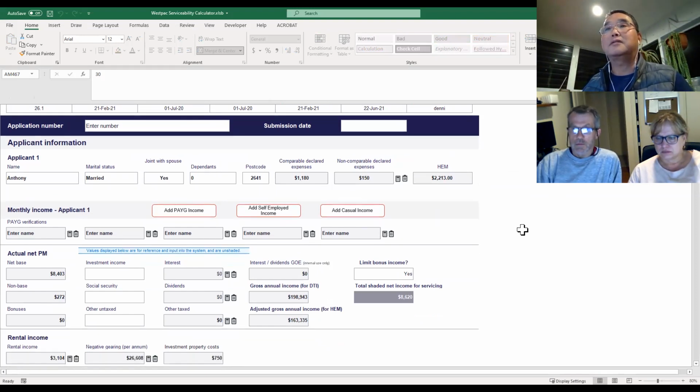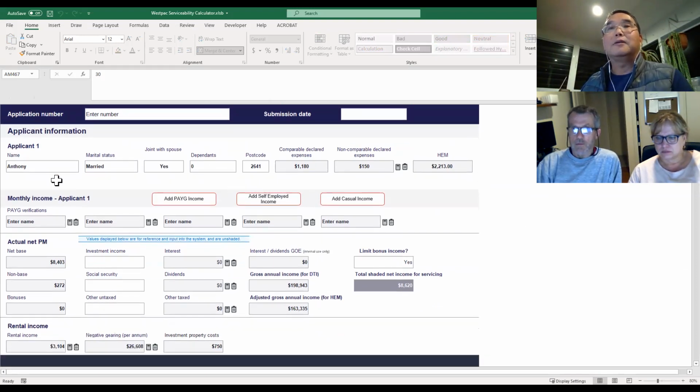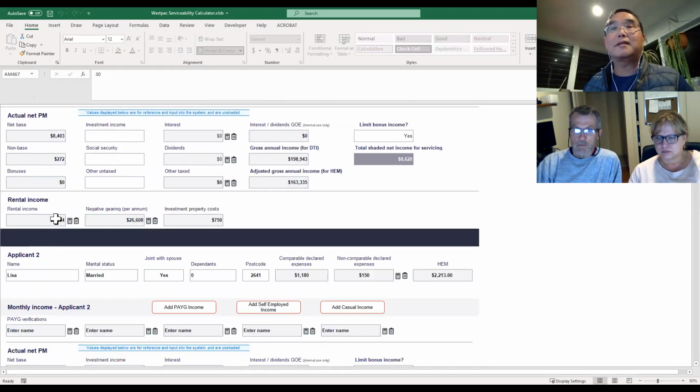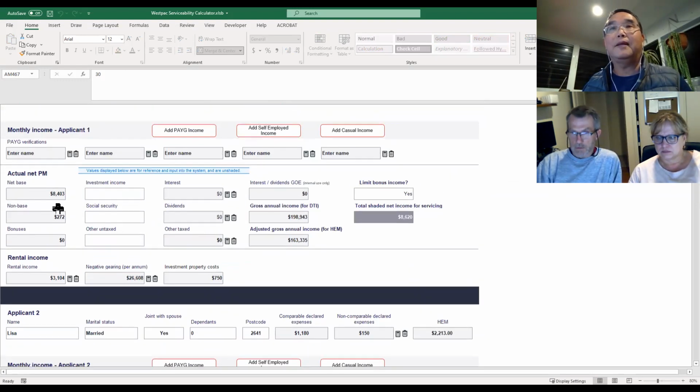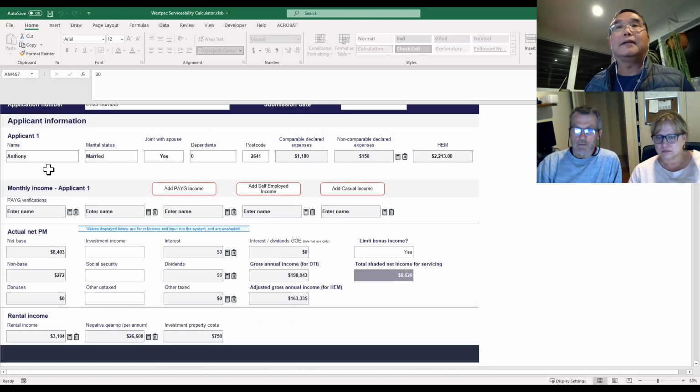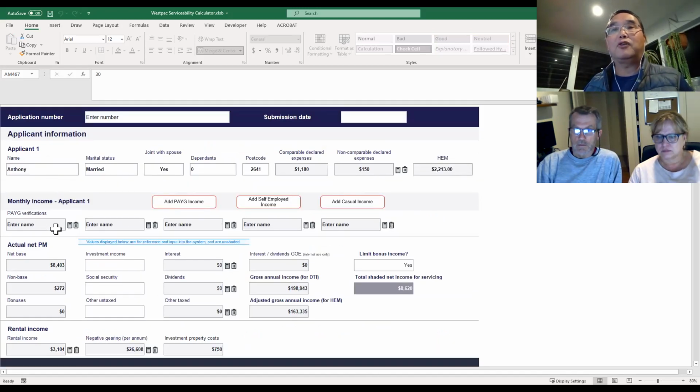Exactly the same calculation. In the top part are the two applicants, you and Lisa, applicant 1 and applicant 2, Lisa and Anthony, and the first section is about your income.